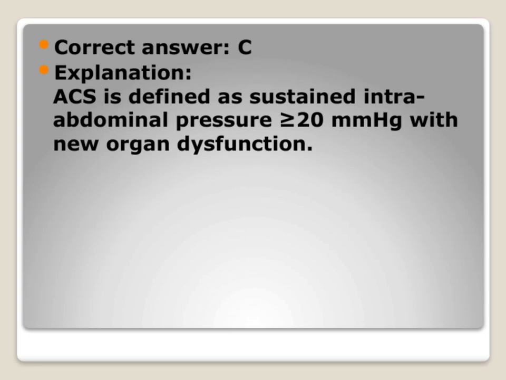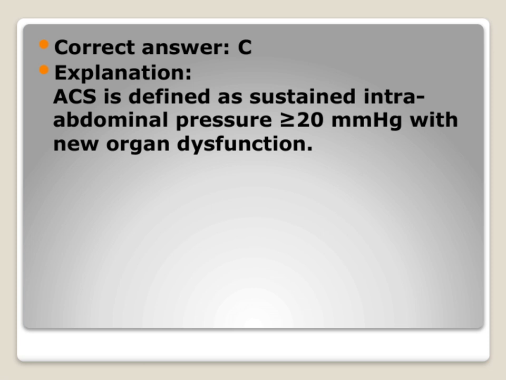Now, let's clarify what ACS actually is. ACS stands for Abdominal Compartment Syndrome, and it's characterized by a sustained increase in intra-abdominal pressure, specifically equal to or greater than 20 millimeters of mercury. But that's not all. It's also associated with new organ dysfunction.